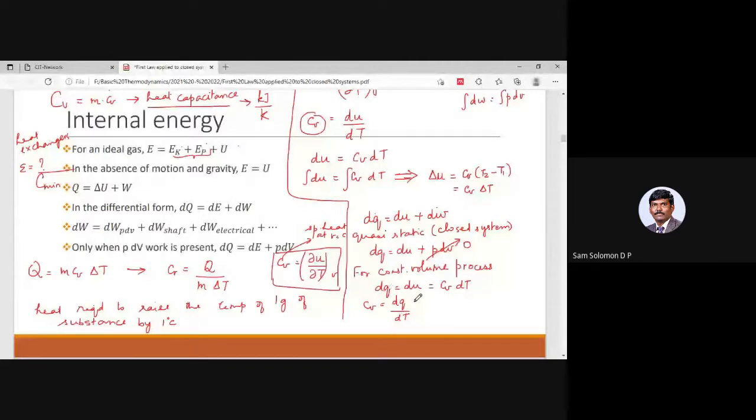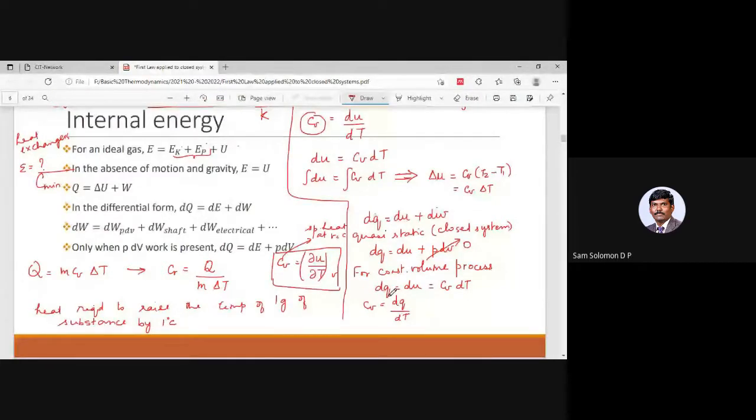Mathematically, it is fine. But if you look at the physical interpretation or the physical significance of this equation, let me show you. Now in the numerator, I have got dq, and this is heat transfer. And what is this heat transfer? This is a path function. So if it is a path function, then it is not a property, right? What about dt? This dt is temperature, which is a property.